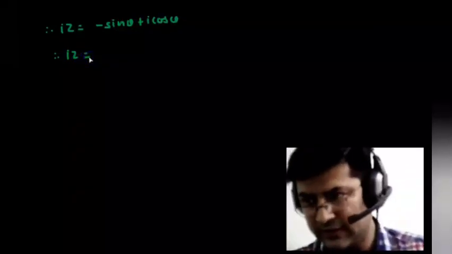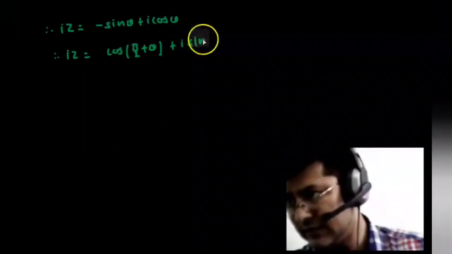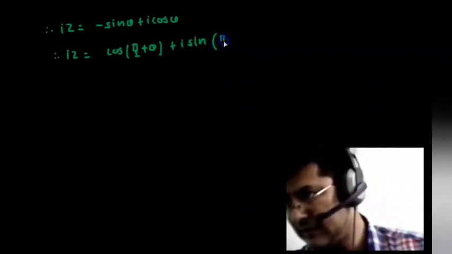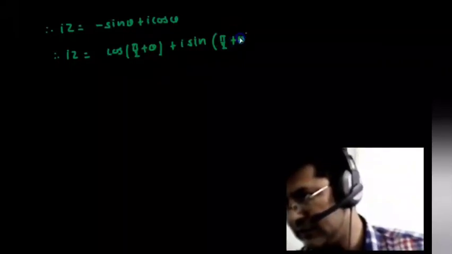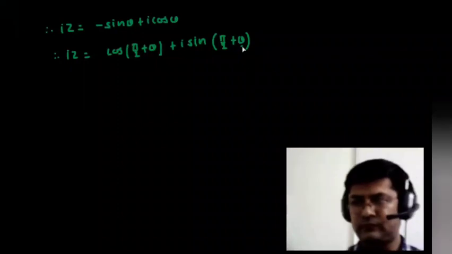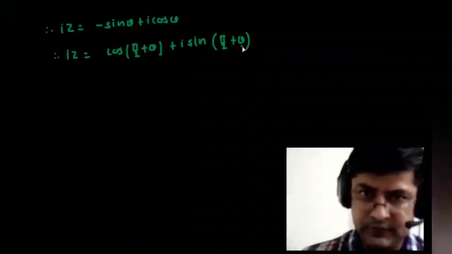Now for minus sin theta we can write sin of minus theta, which becomes cos of pi by 2 plus theta, plus i, and cos theta we can write as sin of pi by 2 plus theta. Yes or no? Clear?